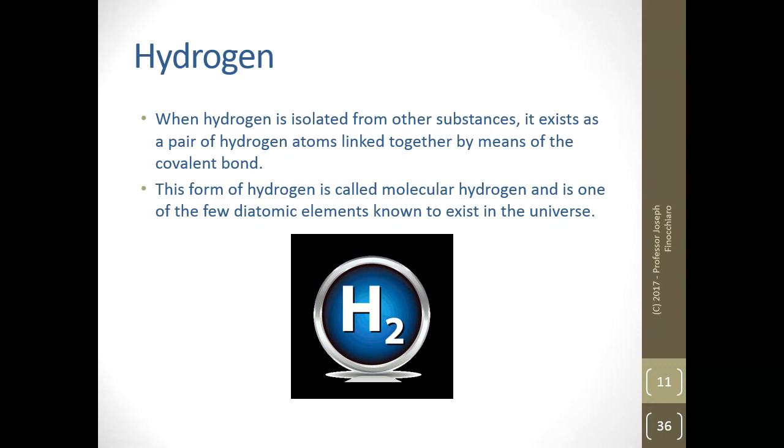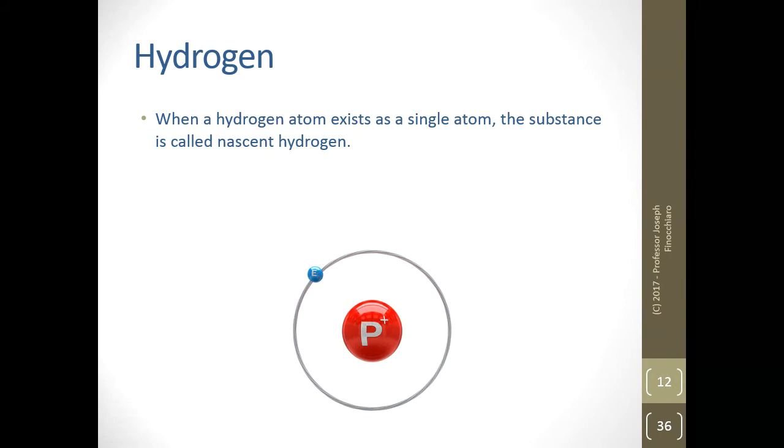Okay, so even though hydrogen by itself is 1 and 1, if it's quote-unquote in the wild, in nature, it usually is found as H2 rather than H by itself. Nascent hydrogen is when we catch it all by its single lonesome self. No, it didn't quite find another hydrogen date on OkCupid yet.